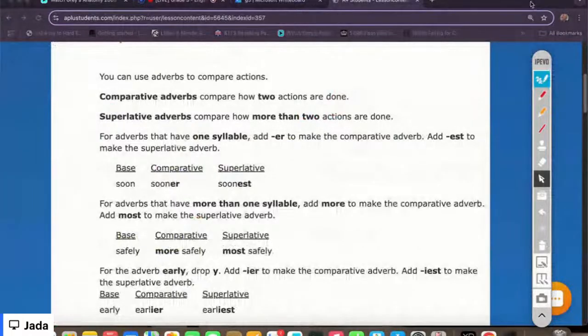Alright, so we have, you can use adverbs to compare actions. So some adverbs are used to compare actions. We have comparative adverbs and superlative adverbs. These are two kinds of adverbs that we have, and these adverbs are used to compare.